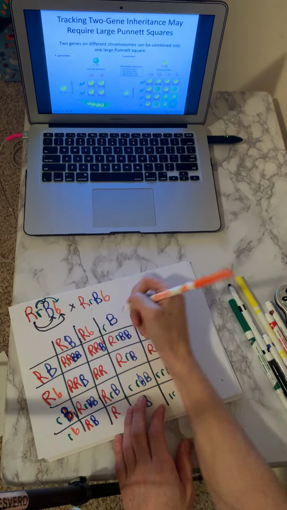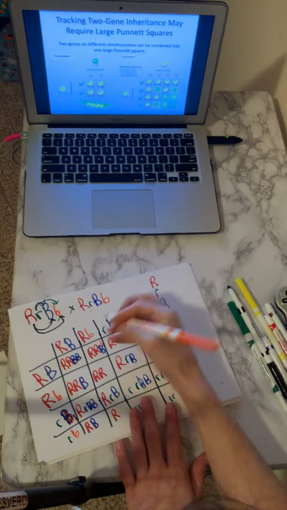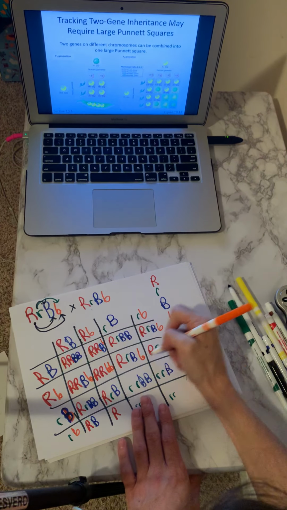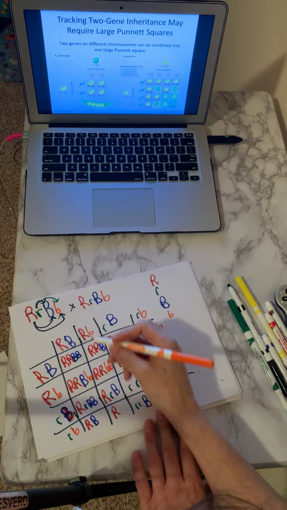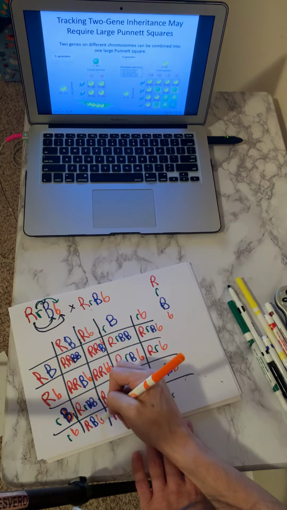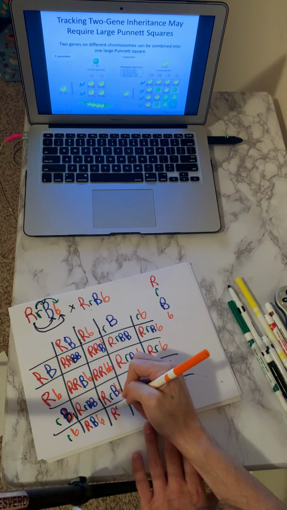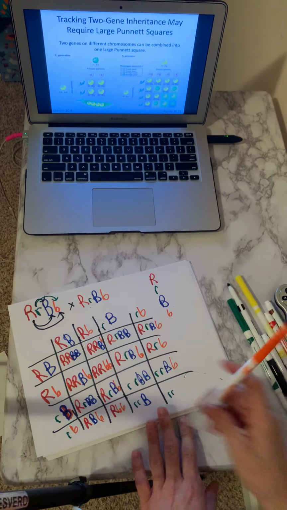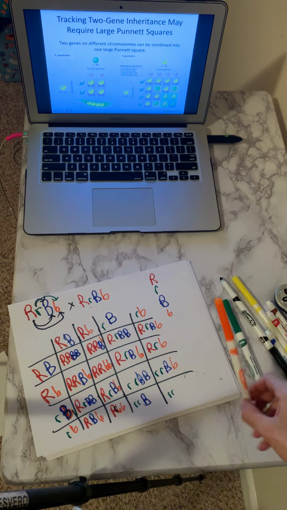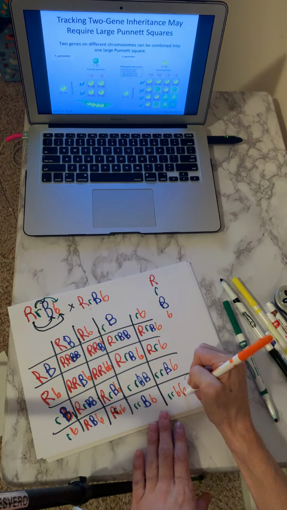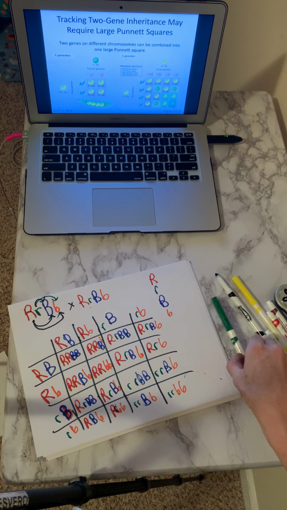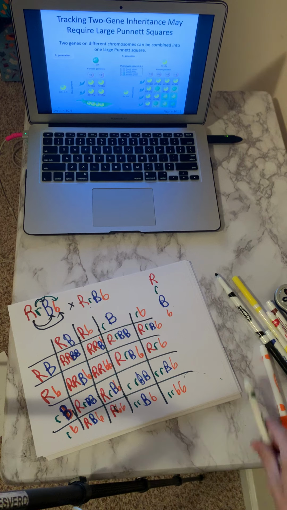Right here. And here's 1. There's 1. There's 2. Oh, I forgot to put in our little r there. 1 and 2. Okay, so that's how you cross 2 heterozygote individuals for both traits with another heterozygote with the same traits.